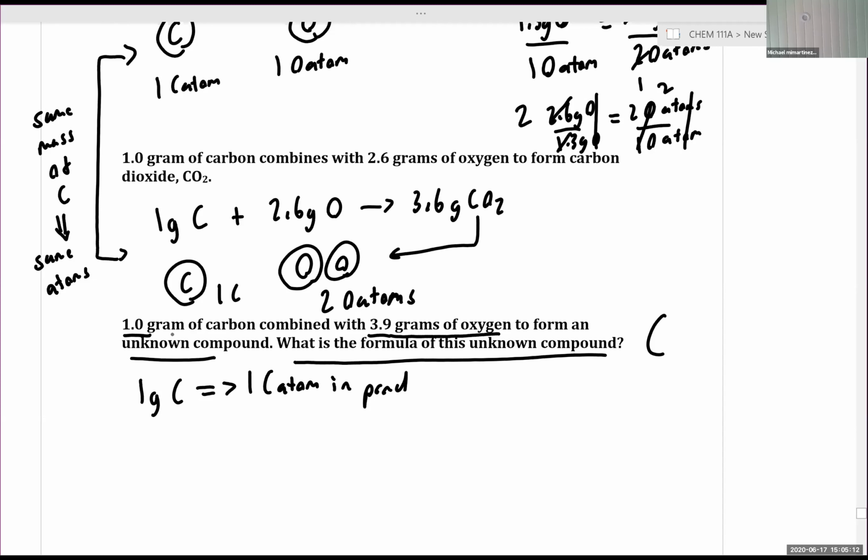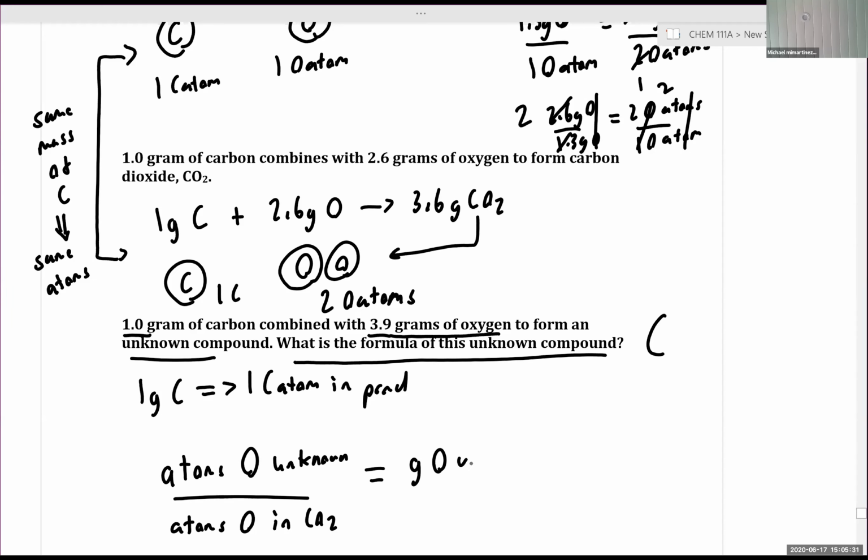For our second case, we're going to look at the atoms of oxygen in our unknown over the atoms of oxygen in carbon dioxide, and that is equal to the grams of oxygen in our unknown over the grams of oxygen in carbon dioxide.